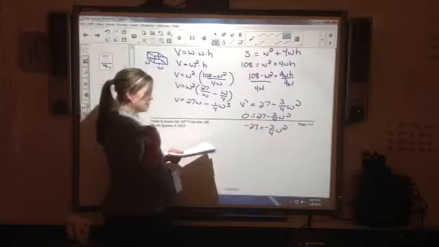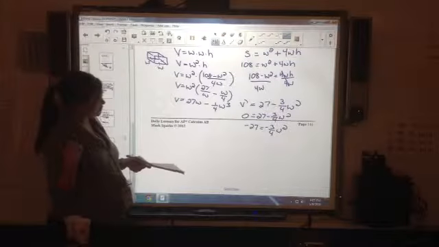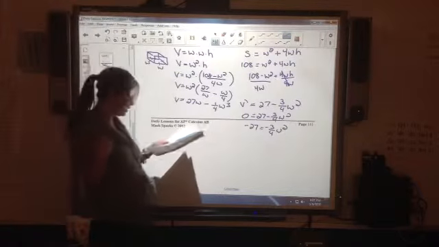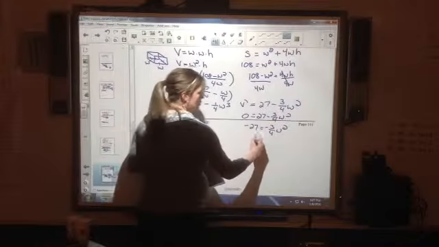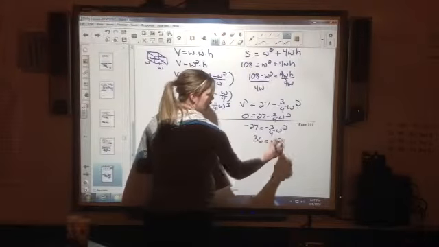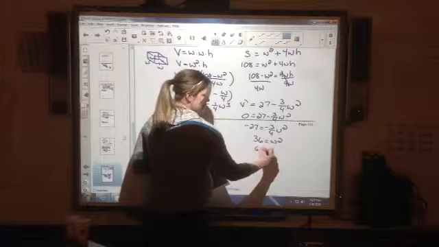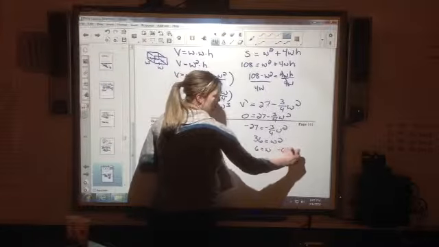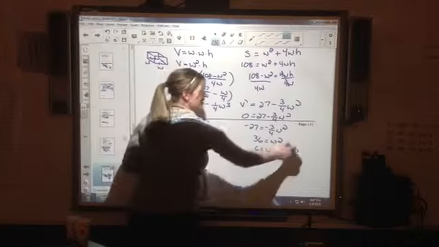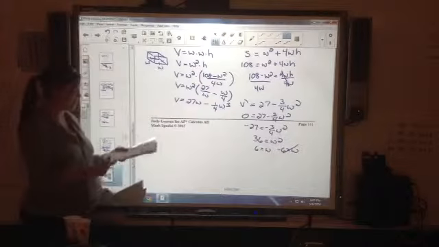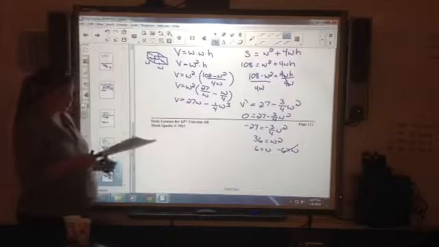I get 27 times -4/3. 27 divided by 3 is 9, times 4 is 36. That should be right, yeah. 36 is equal to W squared. You take this, you should get 6 is equal to W, or -6 is equal to W. But we're talking about a width, so it doesn't make sense for this to be negative. So I have 6 is equal to W.